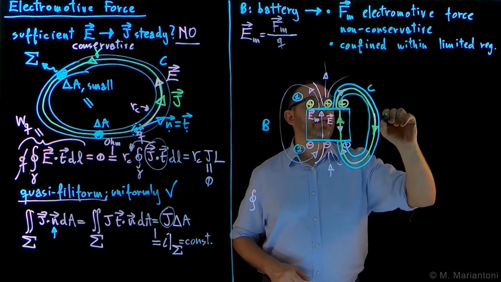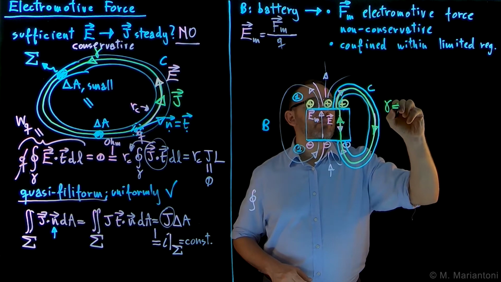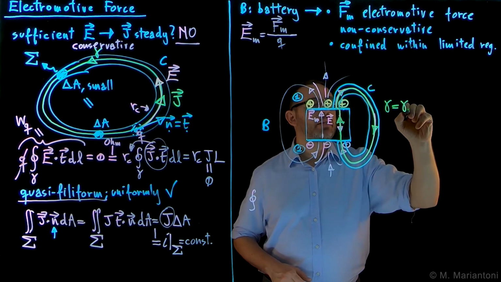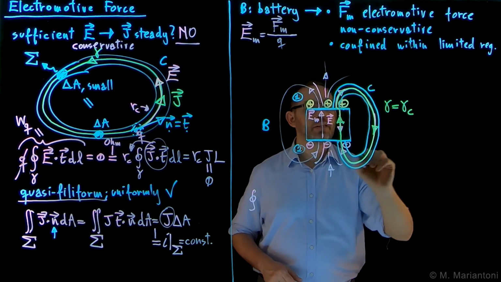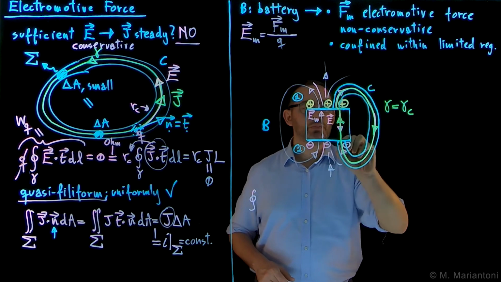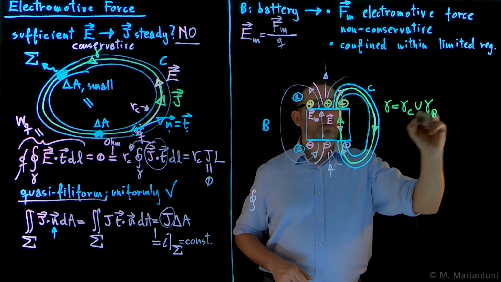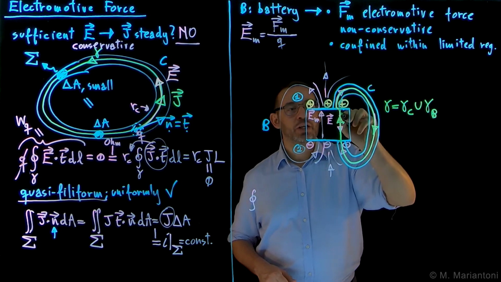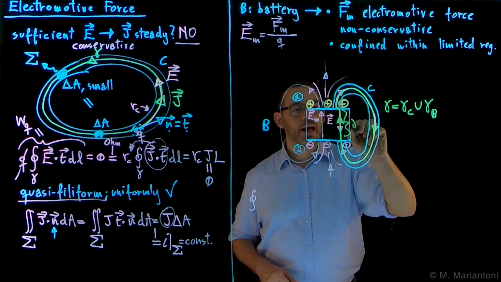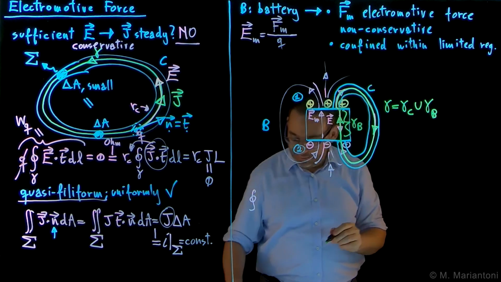Okay, so this line gamma is given by the union of gamma in the conductor, which is this external part here. So from this point to this point is gamma in conductor, union gamma in the battery, which is this portion here. So this portion is a gamma battery, to make it absolutely crystal clear.